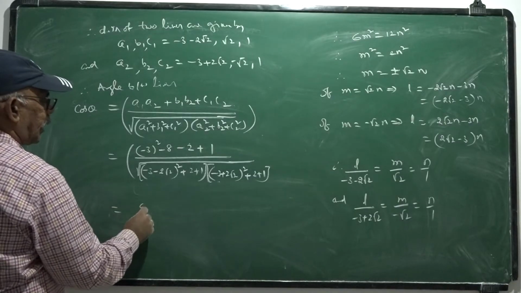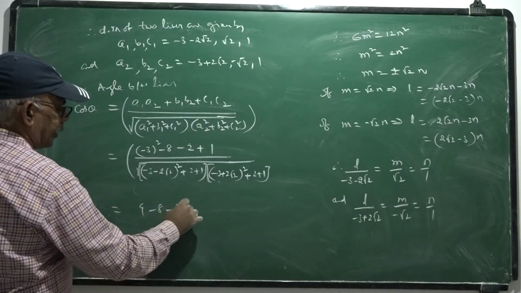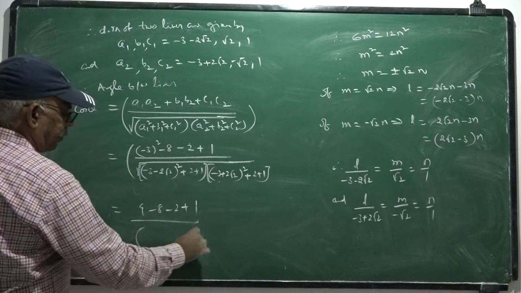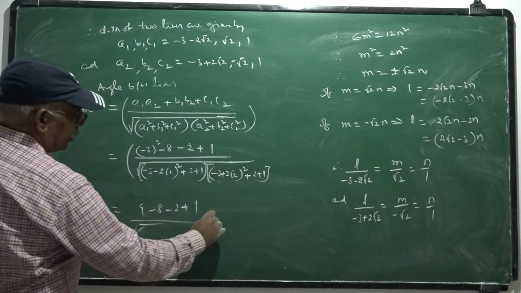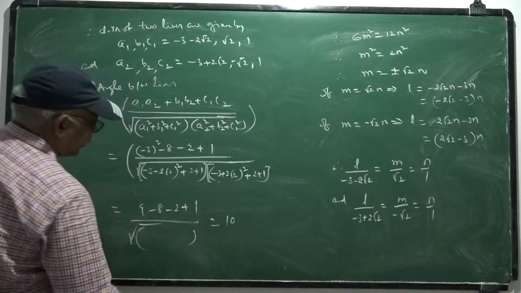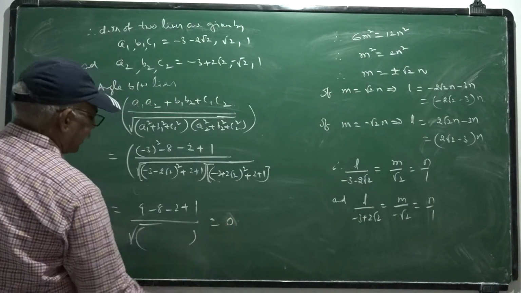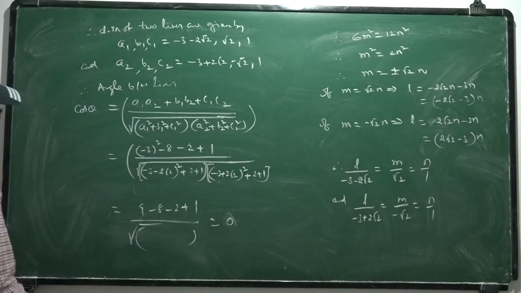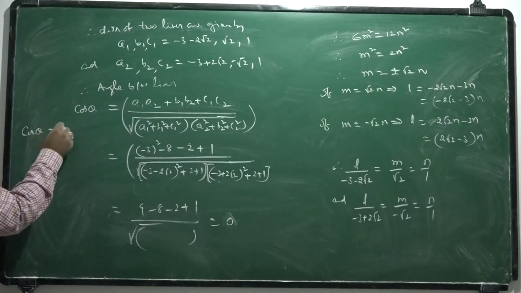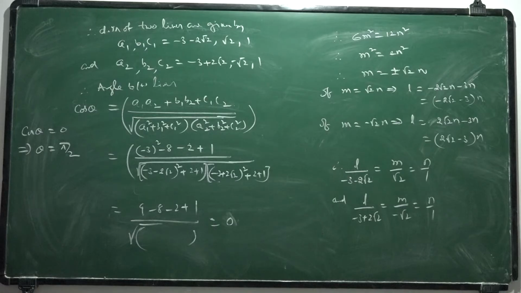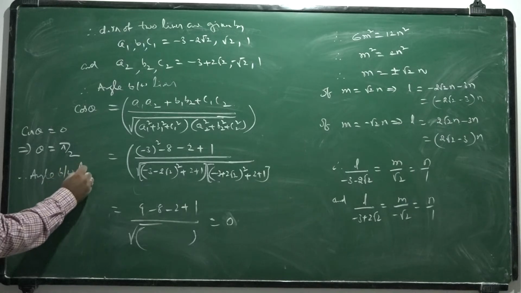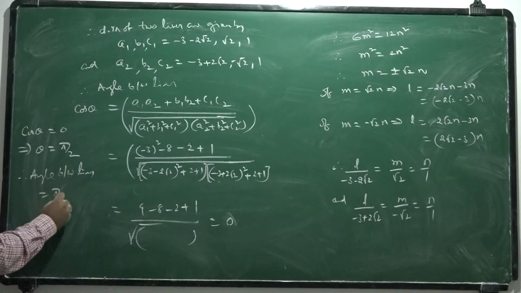That gives us 9 minus 8 minus 2 plus 1 by that value under root, which is clearly 0. Sorry, this is 10 minus 10, which is 0. Since cos theta equal to 0 implies theta is 90, the angle between the lines is equal to pi by 2.